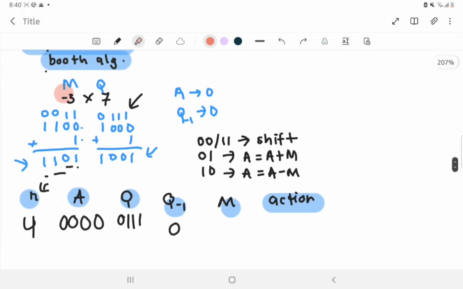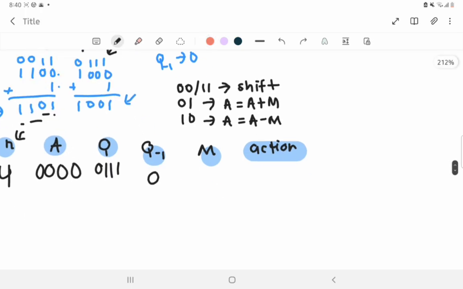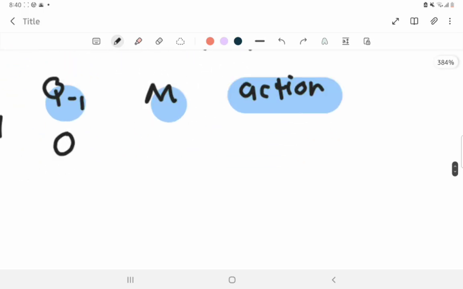Since our question shows M is a negative value, we write the 2's complement of M, which is 1, 1, 0, 1. The action is just initialize.